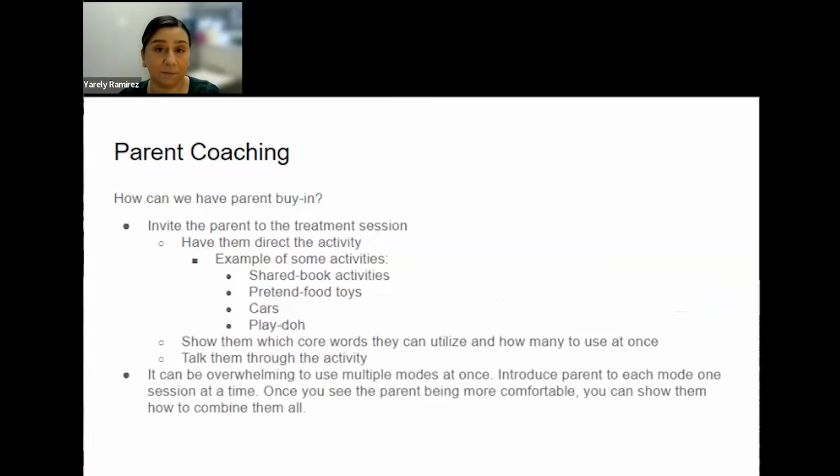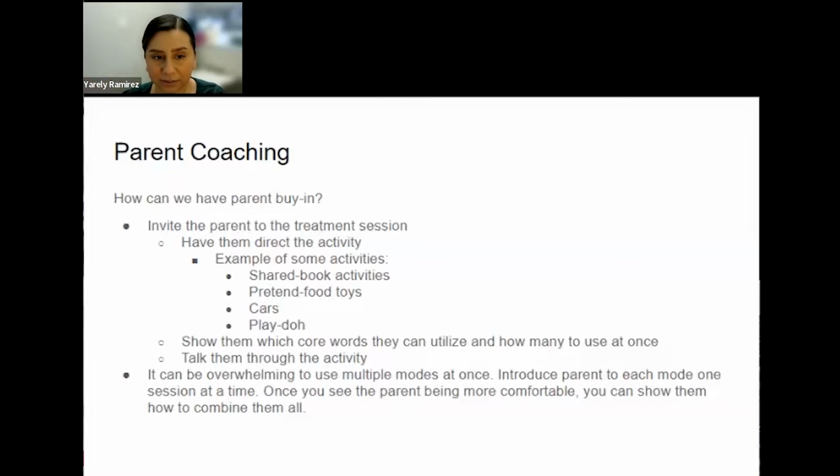Some activities I have personally used all the time and that help me are shared book activities, pretend food toys, cars, or Play-Doh. With those activities, you can pair them well with one word, so they can utilize that word or know which words to focus on. Then you tell them how many times to use it, when to use it, and how to model.